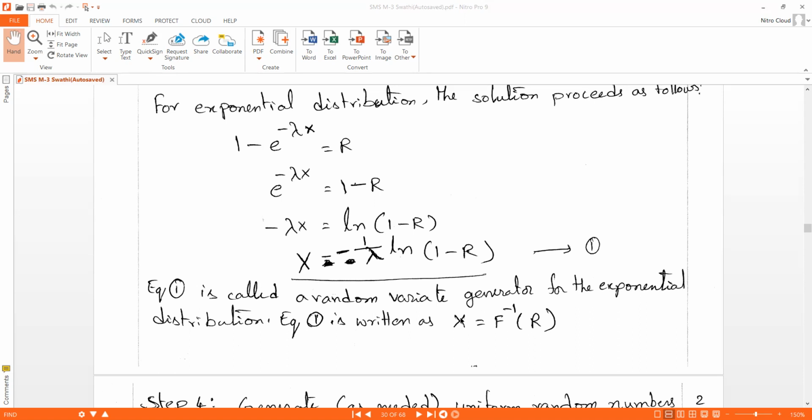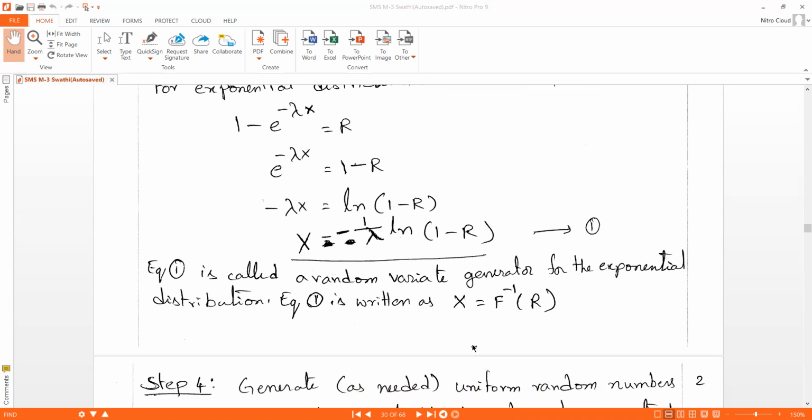It is also written as x is equal to f inverse of r.